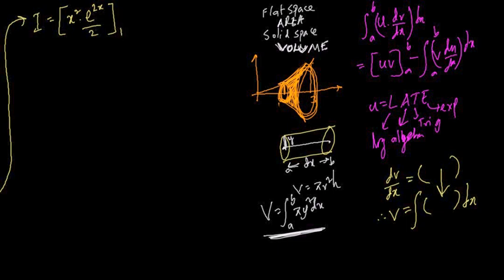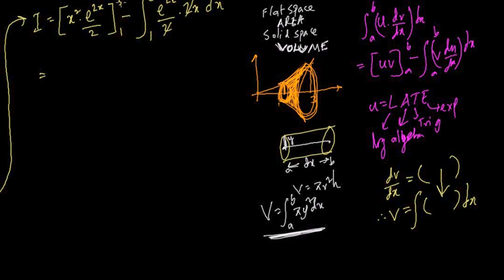So the limit is 1 to 3, minus integration 1 to 3. V is again e to the power 2x divided by 2, and du by dx, the derivative of x squared, is going to be 2x, dx. So this 2 and this 2 cancel.